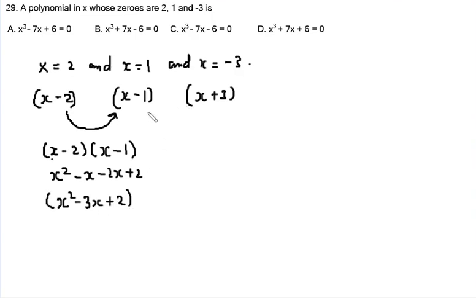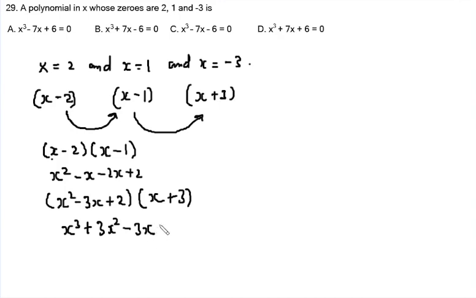For the third one, multiply the result of these two by x plus 3. X squared times x is x cubed. X squared times 3 is plus 3x squared. Minus 3x times x is minus 3x squared. Minus 3x times 3 is minus 9x.